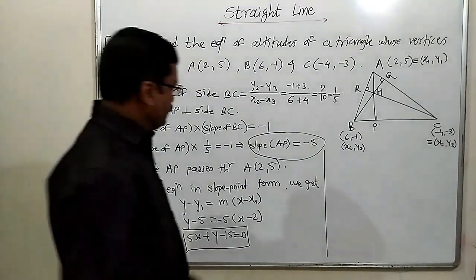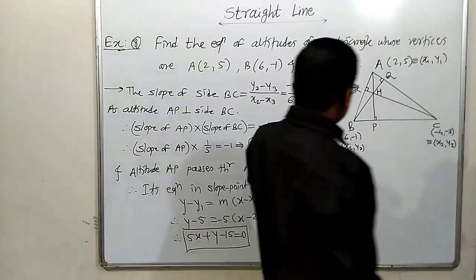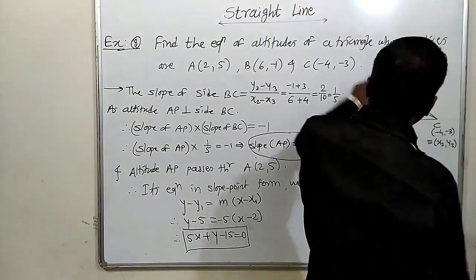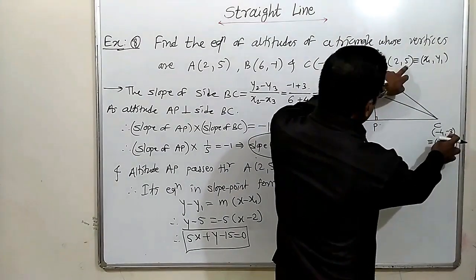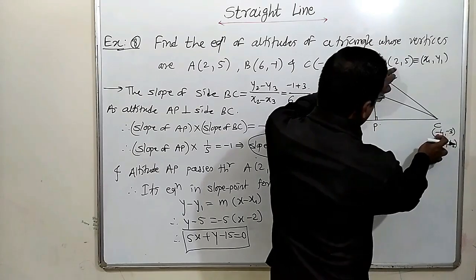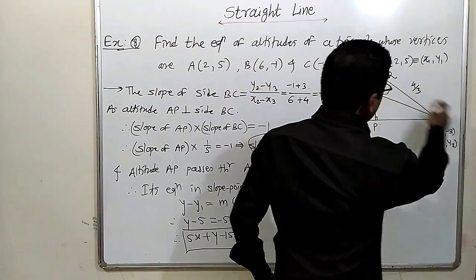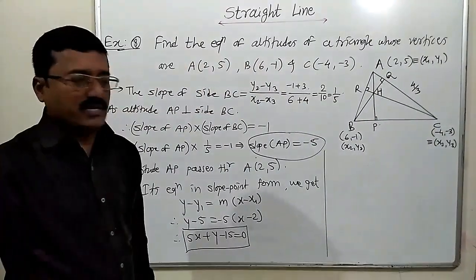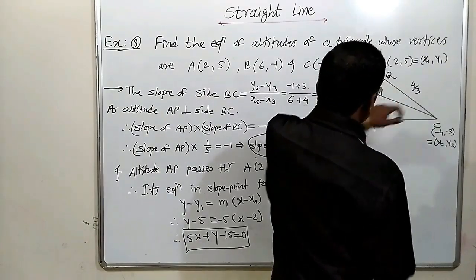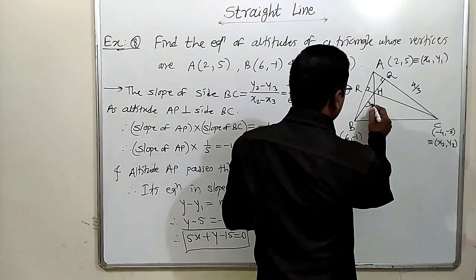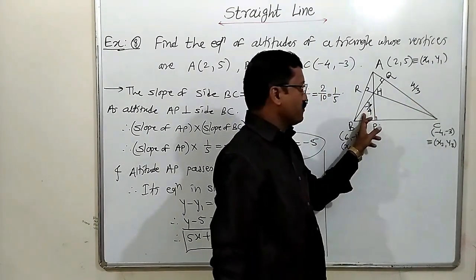We will proceed with the same process. The slope of AC will be the difference in y coordinates, that is 5 minus 3, that is plus 2, upon the difference in x coordinates, 6. So it is equal to 4 by 3. From that we can find the slope of BQ, which is perpendicular to this. Its slope will be minus 3 by 4, the negative reciprocal of this slope.